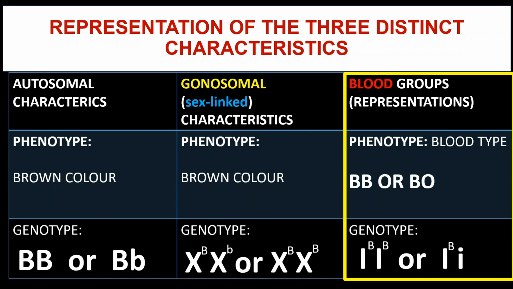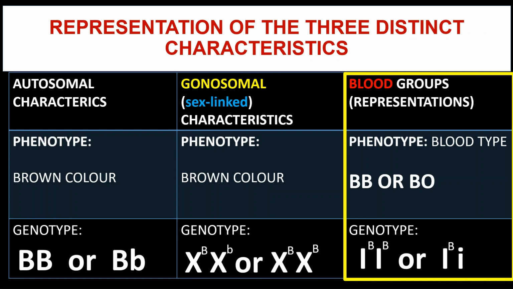You put the capital letter I if it is a dominant allele. Dominant means B or A in blood group. But in blood group, we don't have a recessive allele written as small letter b. There's nothing like small letter b or e. We only put O. O is the recessive form of the allele itself. So here we don't put small letter o. We put small letter i.